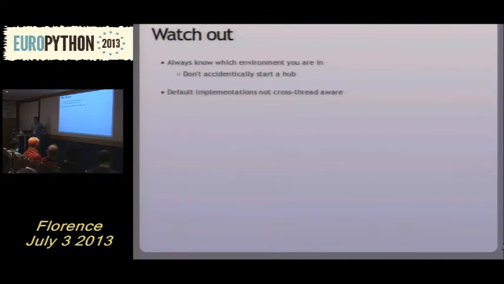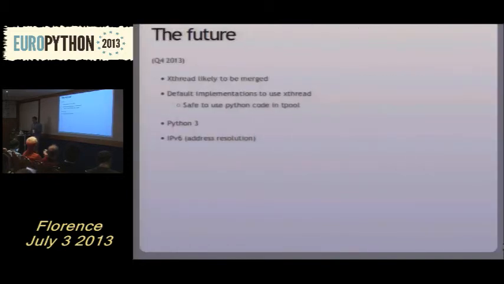The default implementations that Eventlet comes with, semaphore locks and messages, events, all that stuff, by default, at the moment anyway, are not cross-thread aware, so you can't use the Eventlet things to signal between different threads. There are bugs for some of these issues, and the Xthread module is likely to be merged, probably slightly different as it is now.